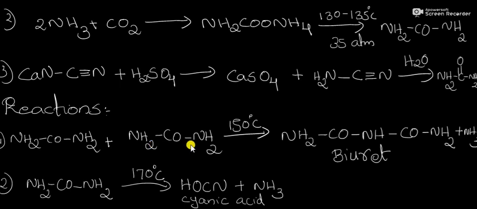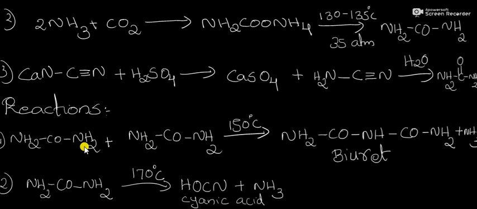And upon further slow heating to about 150 degrees Celsius, it will lose one molecule of ammonia and yield a white solid called biuret. This is the formula of biuret, NH2CONHCONH2. Here, one molecule of NH3 gets eliminated.